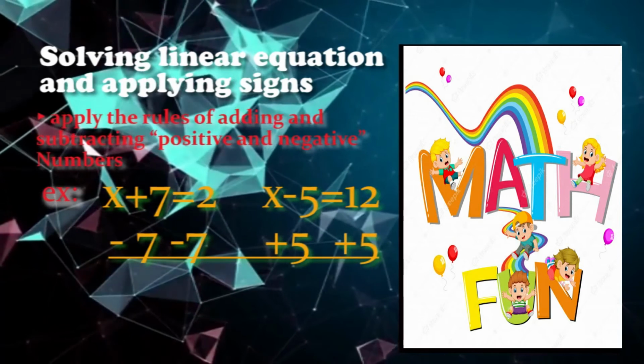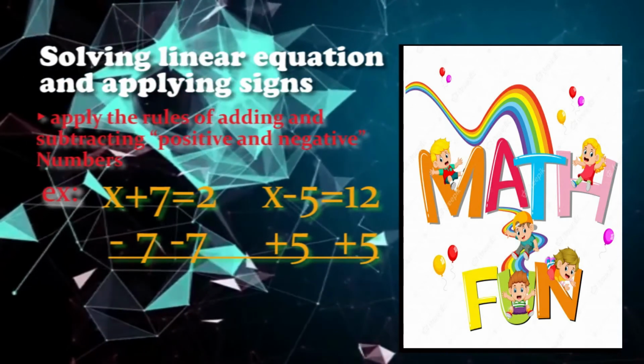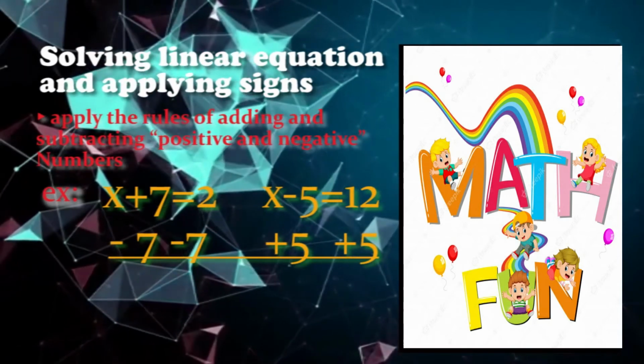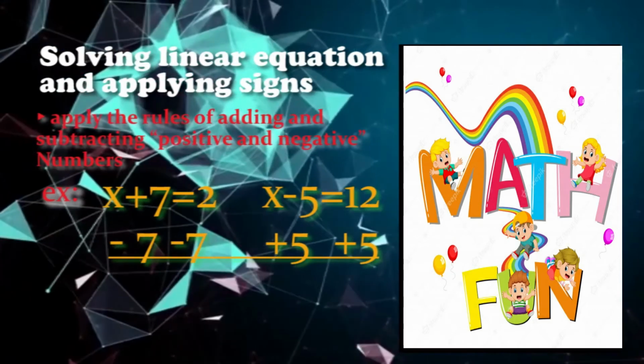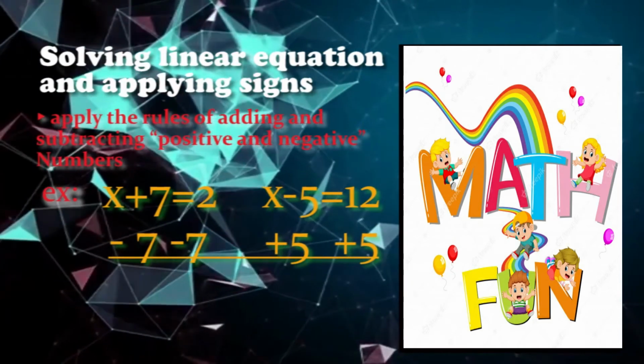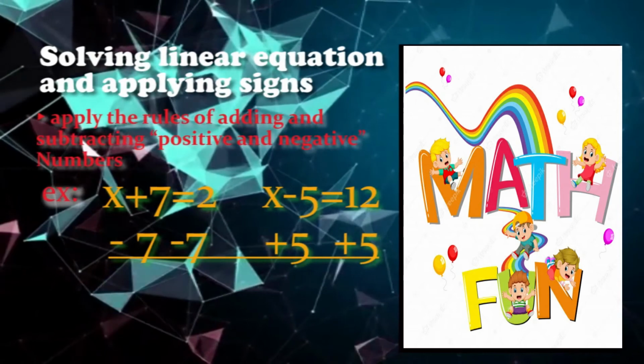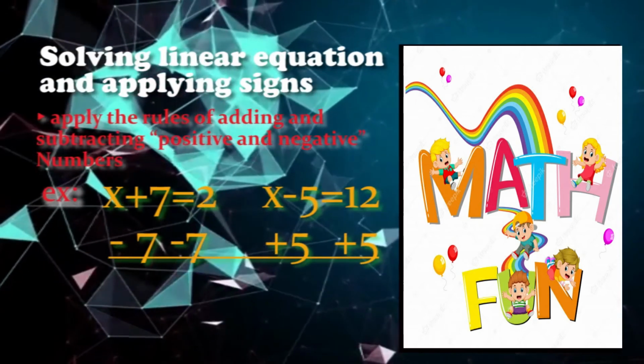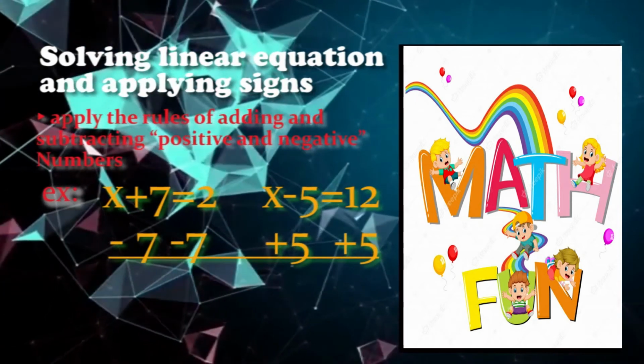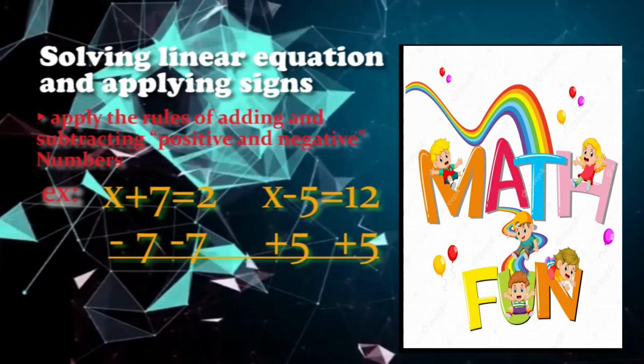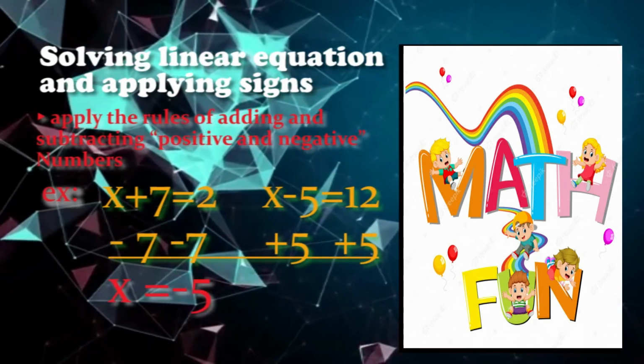Now, 7 minus 7 is 0, so the only thing left is 2 minus 7. Now we are not allowed to subtract a bigger number from a smaller number. So by the rule of signs, 2 minus 7 is equal to negative 5. Therefore, the answer is x equals negative 5.